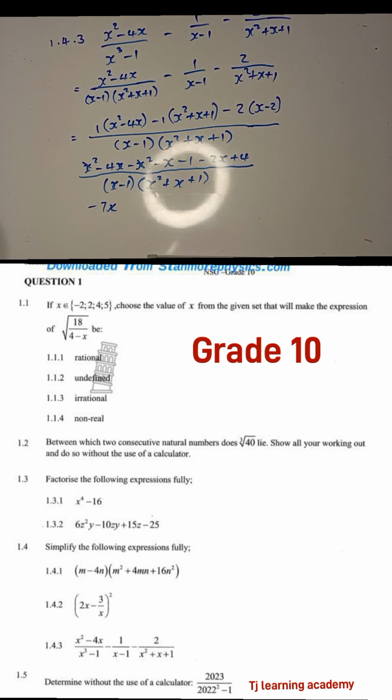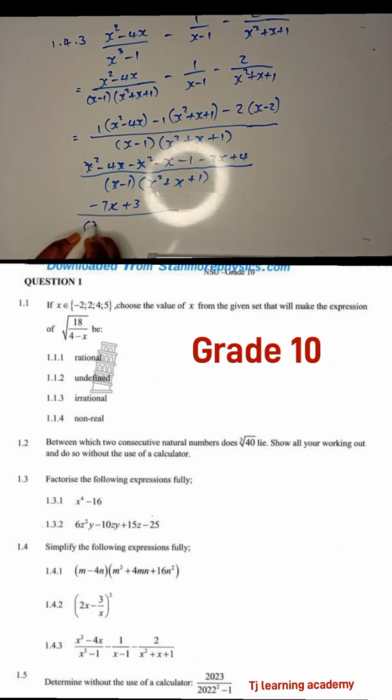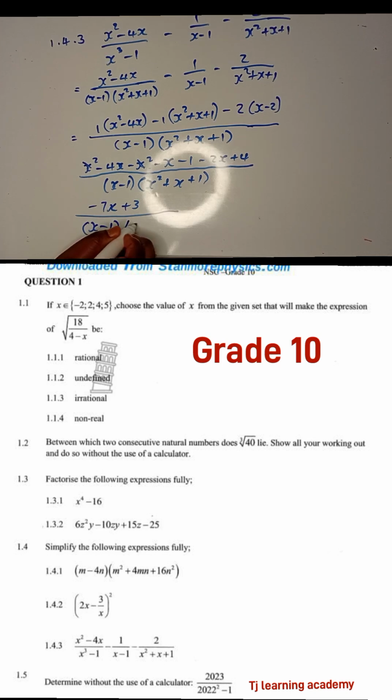And then negative 1 plus 4, it's going to be 3. Everything divided by x minus 1, x squared plus x plus 1. And then that's it.